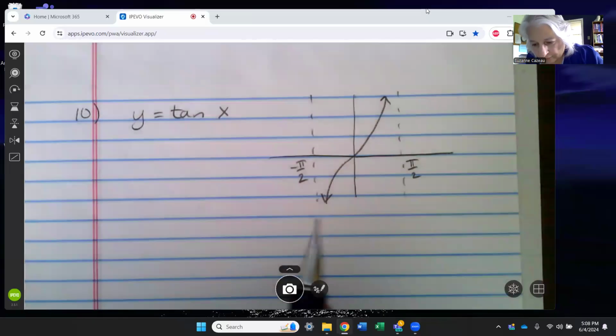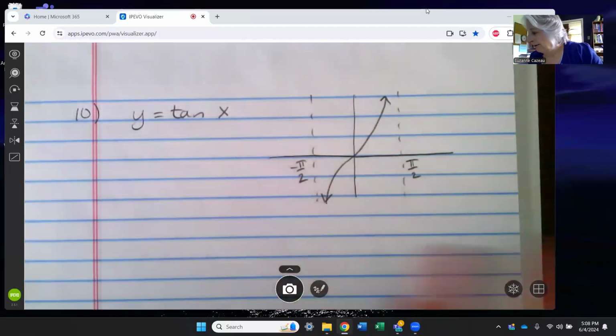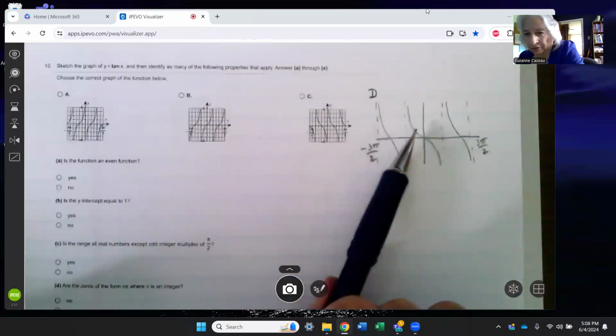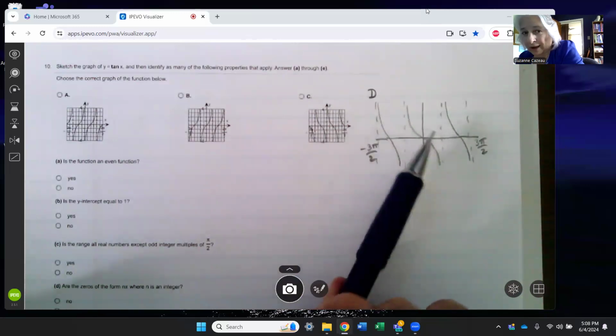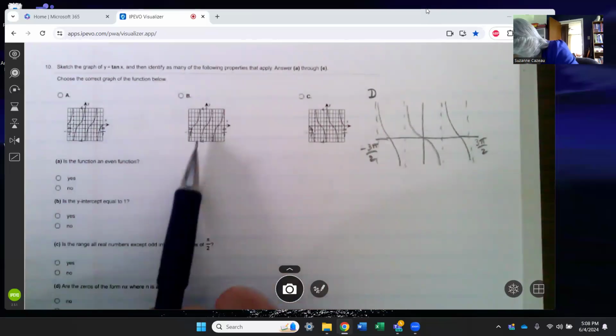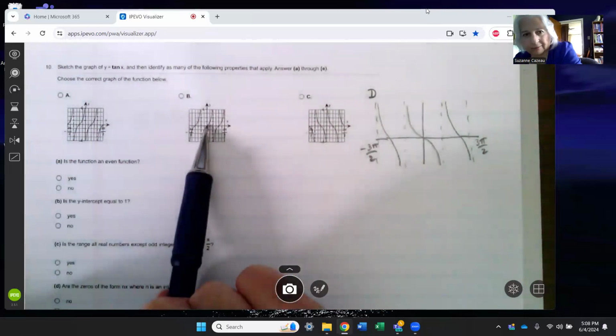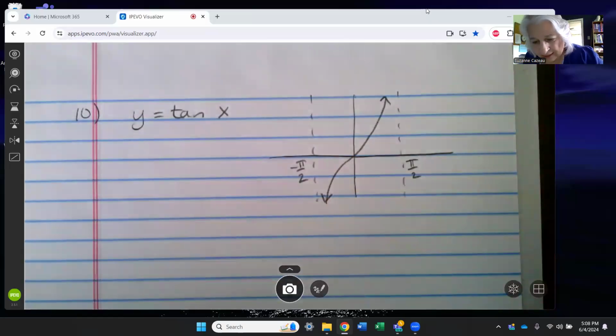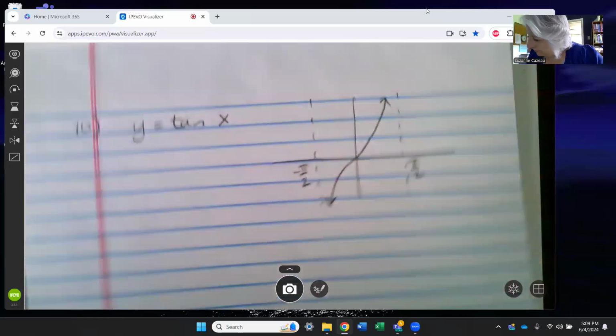So the first question is pick the graph. So right away, you know that C and D are out because they wiggle the wrong way. Let's see, A and B, it's got to be going through the origin. So it's going to be this one here. It says, is the function even?